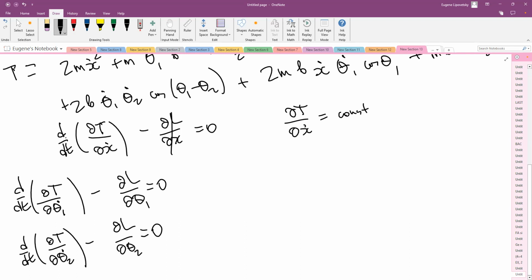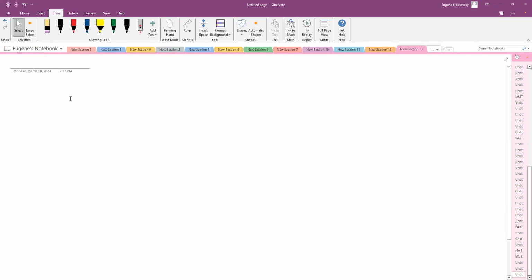I want to review again quickly the derivation of the Euler-Lagrange equations, because we'll need to go to some cases which will be important, all right? So back to elements of variational calculus.